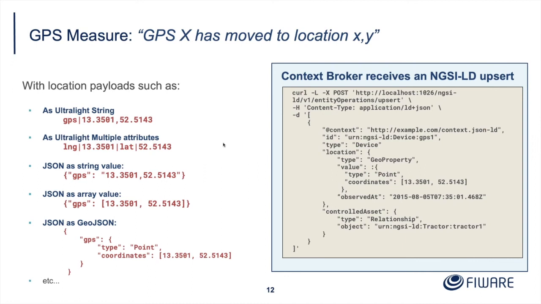Now, the context broker will receive an upsert of structured JSON if you have provisioned your GeoJSON attribute properties. You can see it's always a type GeoProperty, and it has a value which consists of the GeoJSON itself, which has the coordinates, which was again back in that core context.